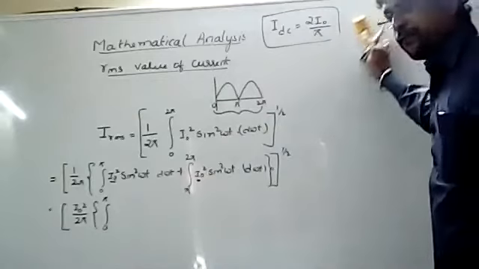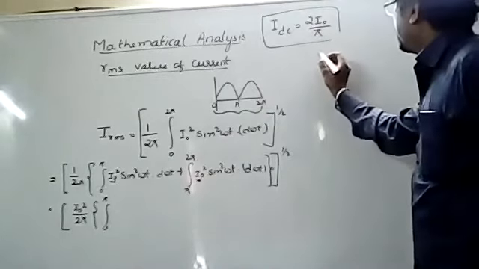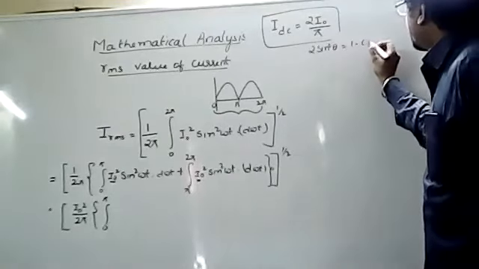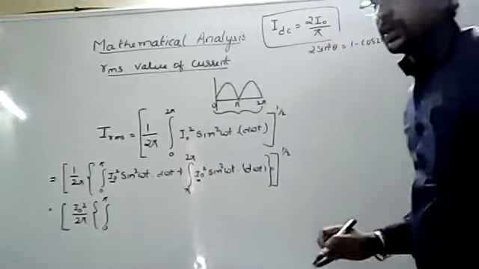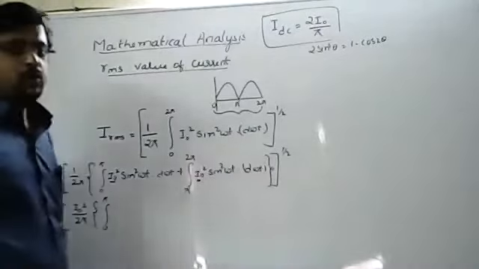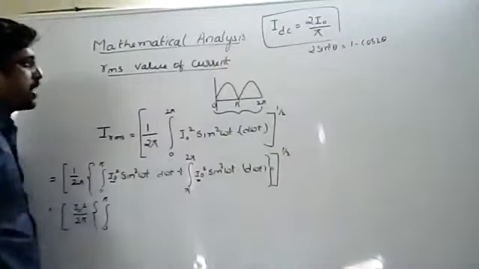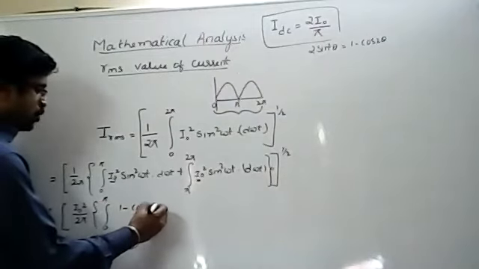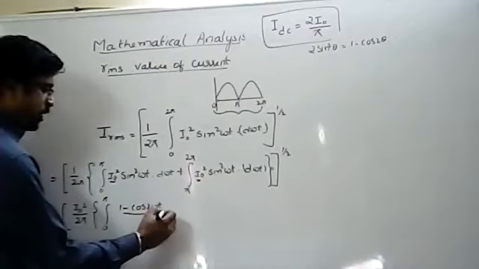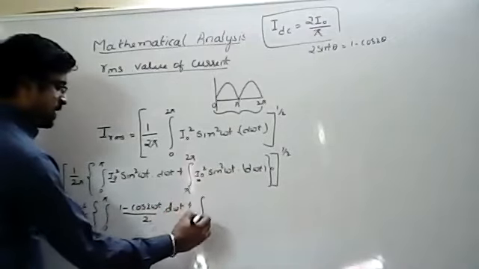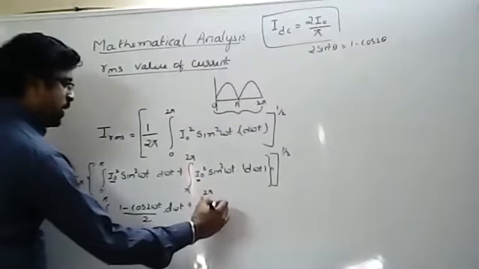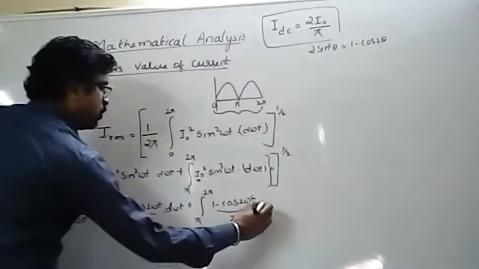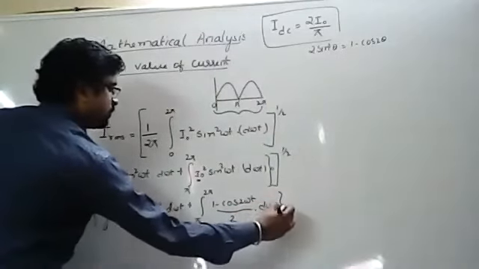Why? Because there is a formula in trigonometry: 2 sine square theta is equal to 1 minus cos 2 theta, so sine square theta is equal to 1 minus cos 2 theta by 2. So in the same way, integral 0 to pi of 1 minus cos 2 omega t by 2 into d omega t, plus integral pi to 2 pi of 1 minus cos 2 omega t by 2 into d omega t.